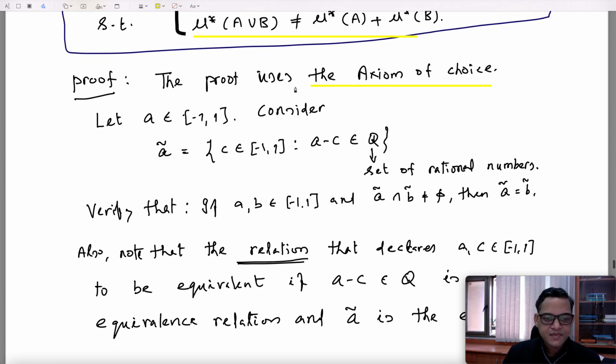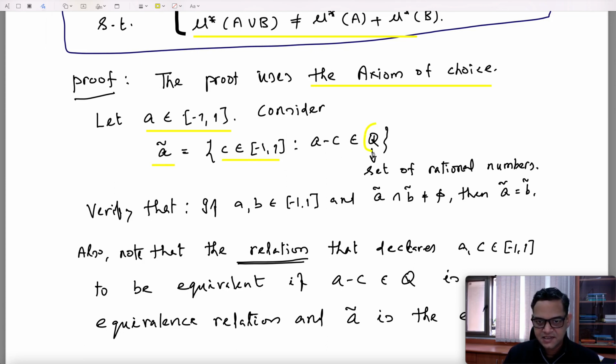Okay, so what we do is we start with this interval, minus 1 to 1. You could have taken any interval, that's not really important here. Then you take any point a here. Basically I'm going to define an equivalence relation on this. Define this a tilde. This a tilde consists of all those points which differ from a by a rational number.